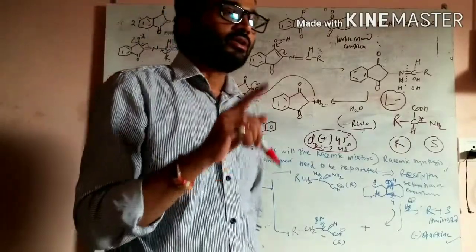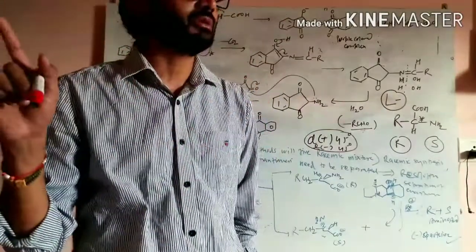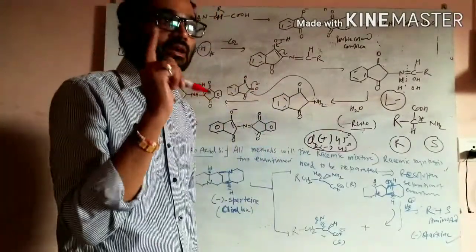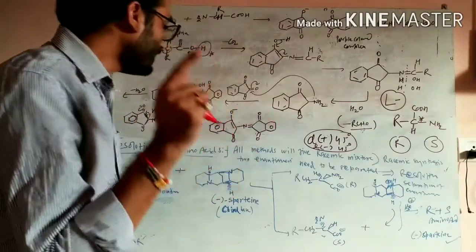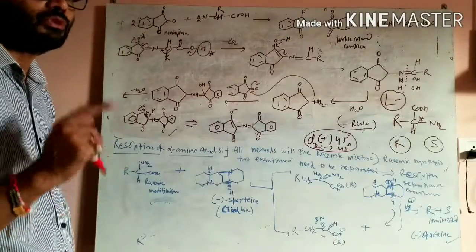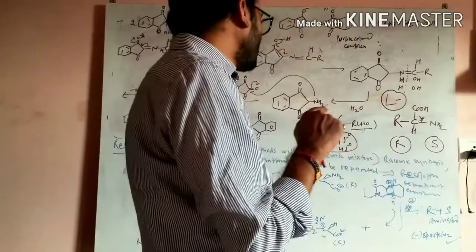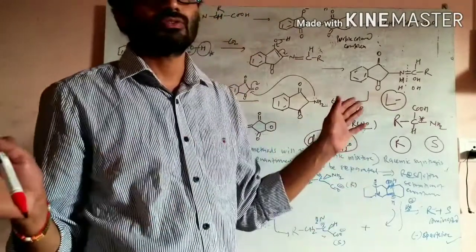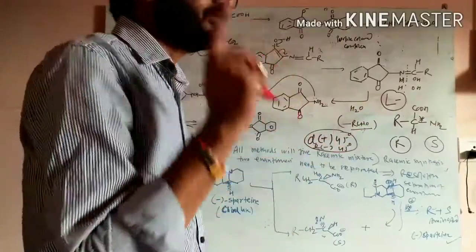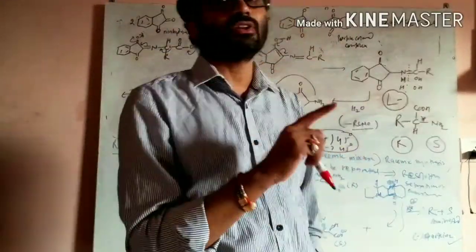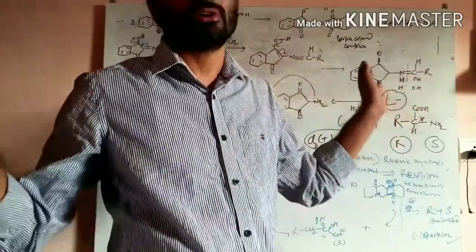Then again, all enantiomers have the same chemical properties except one, that is reaction with optically active compounds. We know that if we react an enantiomer with an optically active compound, they form diastereomers. Diastereomers have different physical and chemical properties, so they can be easily separated out.